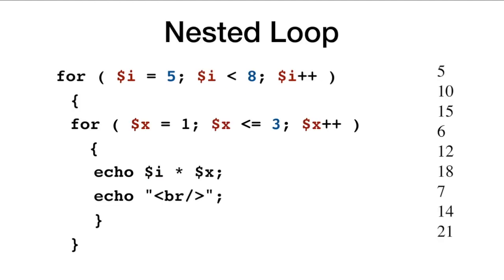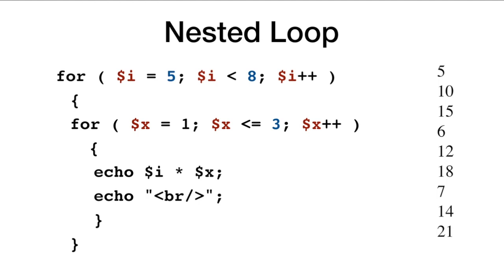Just for the devilment, we can have a loop inside a loop. Here we have an outer loop, and the loop counter there is I, and that's going 5, 6, 7. You see that I doesn't actually get to 8.